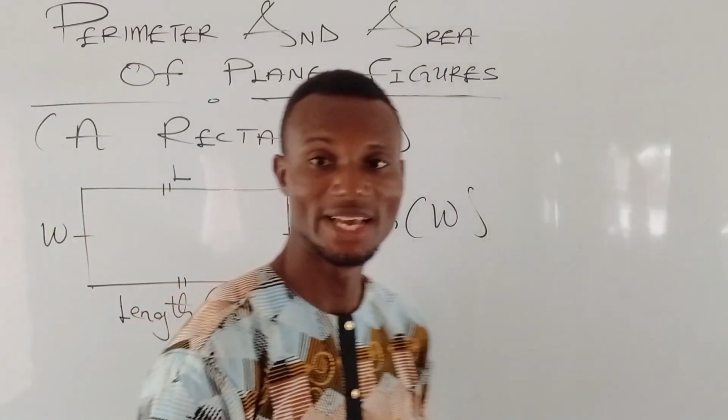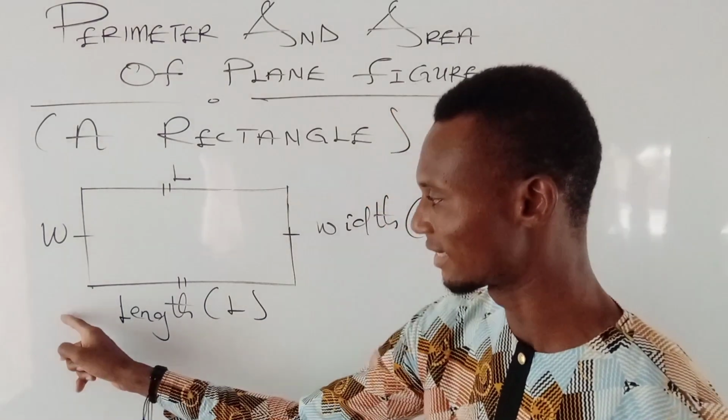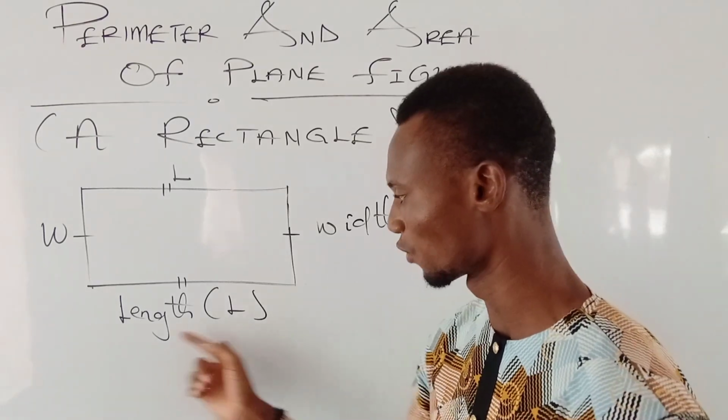I hope the explanation is clear enough and you understand what I'm doing. This side of the rectangle is called the length, and for the length we use capital L to represent it.